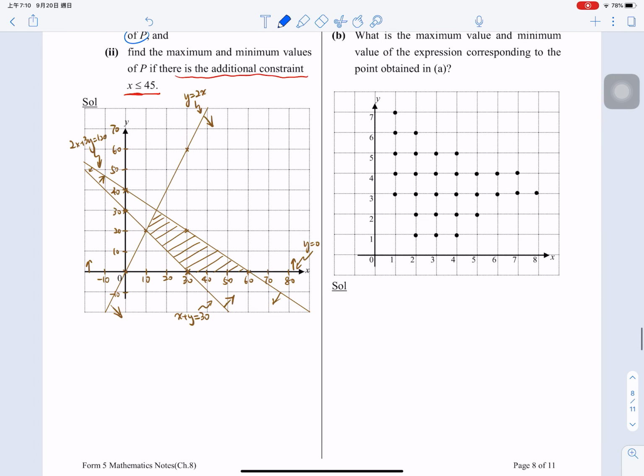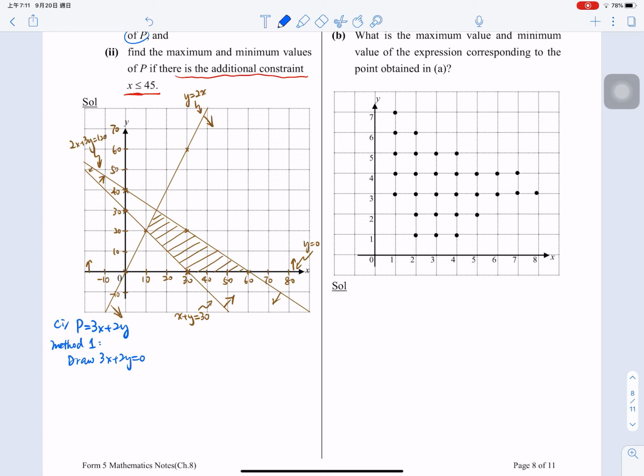So C1, P equals 3x plus 2y. Okay, by using method 1, you need to draw a line first. 3x plus 2y equals 0, right?